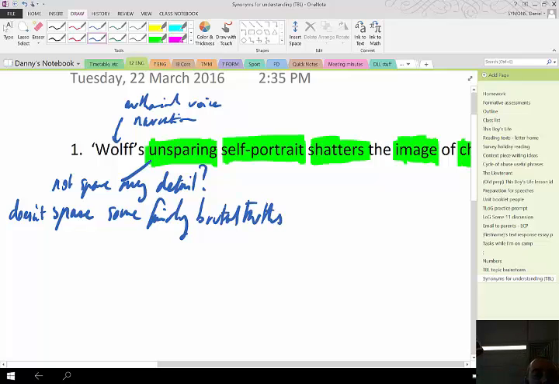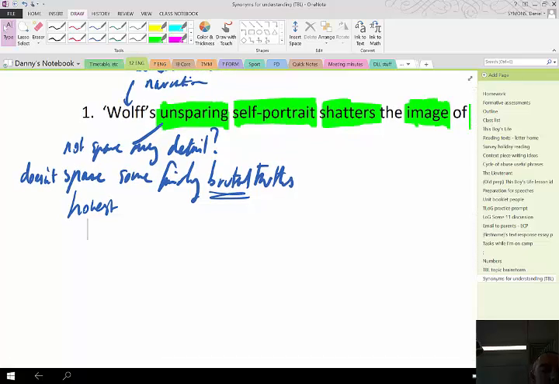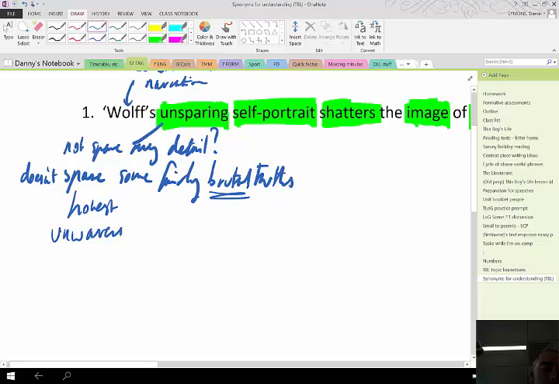So if we talk about the tone itself, I'm going to shift to a different colour pen, a different thickness pen. We're talking about what is unsparing. It's kind of brutal. I like this word brutal here. They're brutal truths. It's extremely honest. It's like an unwavering gaze.